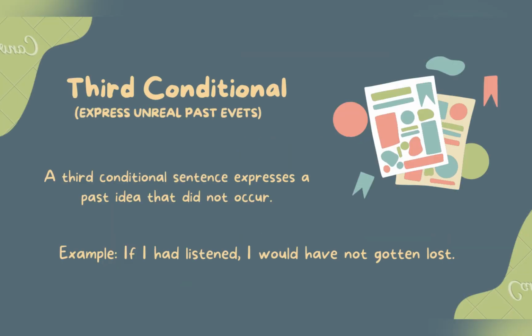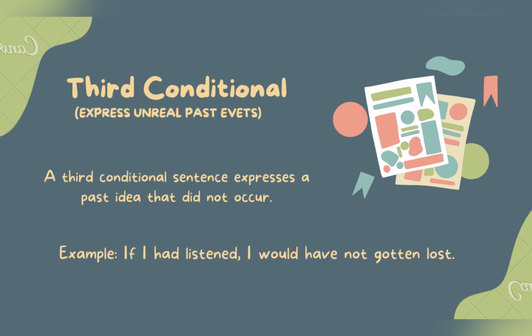And then the last one, we have the third conditional. What is a third conditional sentence? A third conditional sentence expresses a past idea that didn't occur. The third conditional sentence expresses an imagined result of the past event that didn't occur. In other words, it's unreal.